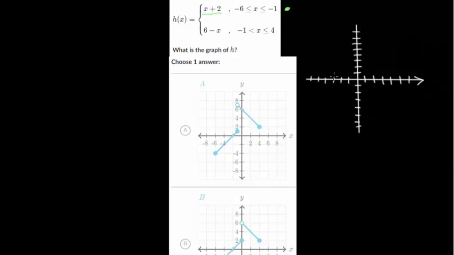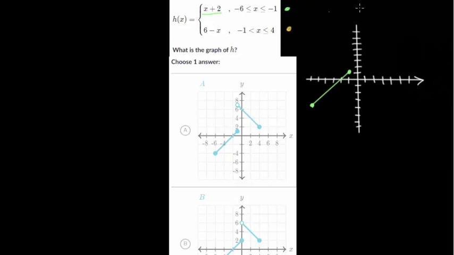So we have 1, 2, 3, 4, 5, 6, and down at 4. And again, it's going to include that point. Actually, I think I drew that at 5, so let me redraw that because we're going to be at -4. And if we plug in -1, -1 plus 2 would be +1. So that would be right here. And again, those endpoints are included because we have the equal sign, so we can just connect them with a line.